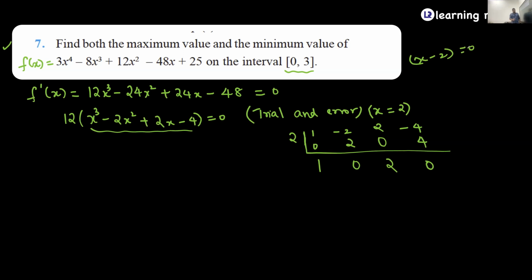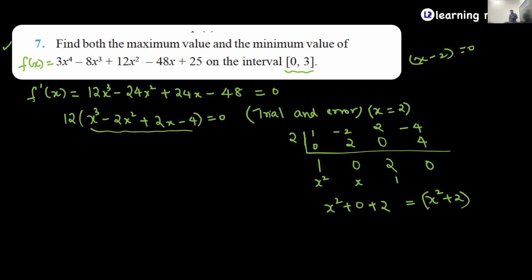So to these numbers, you need to multiply them with x square, x and 1. And then add them. So 1 into x square, 0 into x, 0, 2 into 1, 2. So basically, you are getting this as x square plus 2.